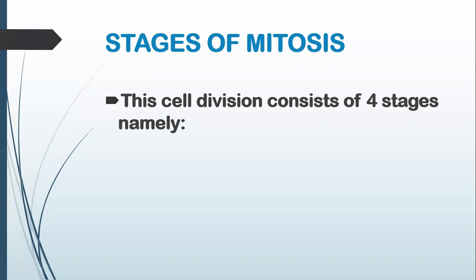Mitosis, together with meiosis, undergoes four main stages, in their right order. If you write them in the wrong order, you don't earn marks. Correct spellings, correct order.